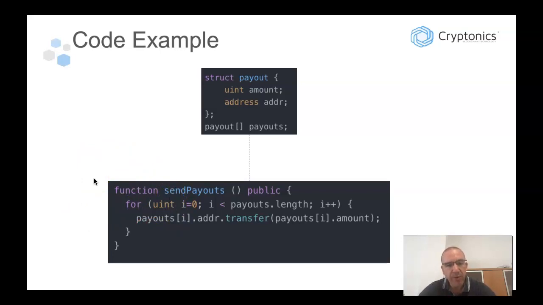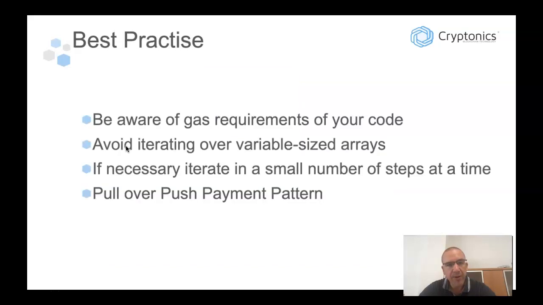And this is obviously a problem because it means that in this case here, unless there's some other way of getting this Ether out of the smart contract, all the funds are stuck. And this does happen quite often. And it usually happens when you iterate over arrays that can grow in size.